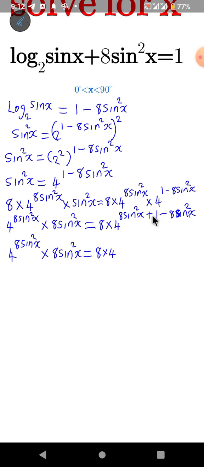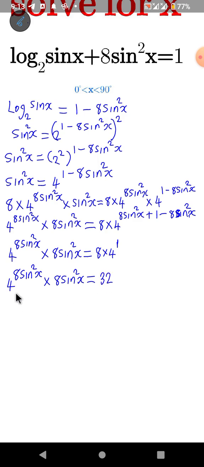So we have 4 raised to the power of 1 only, which is 4. So 8 times 4 is 32. So we write 32 here.